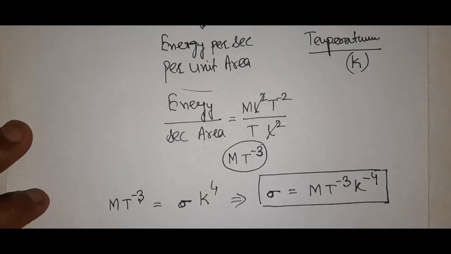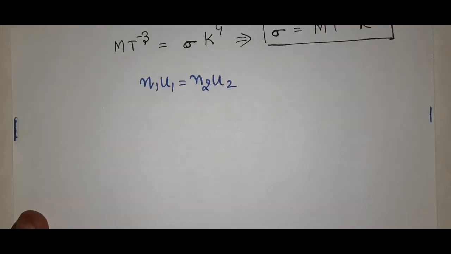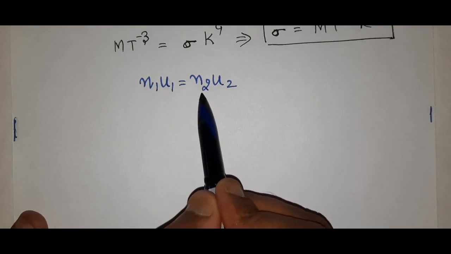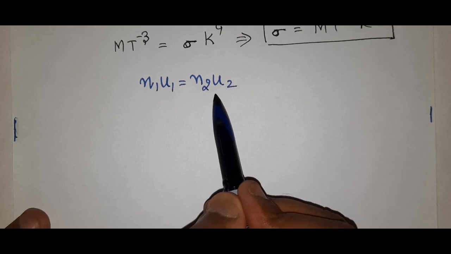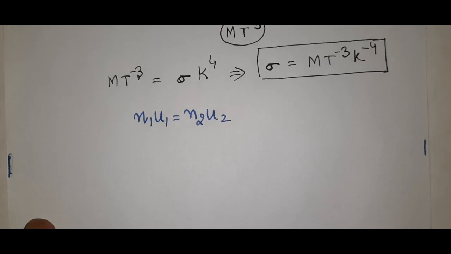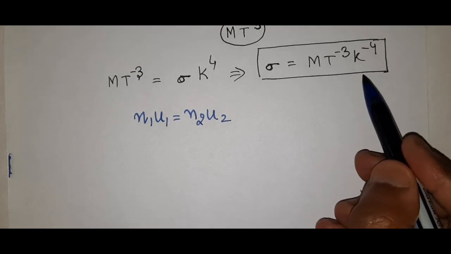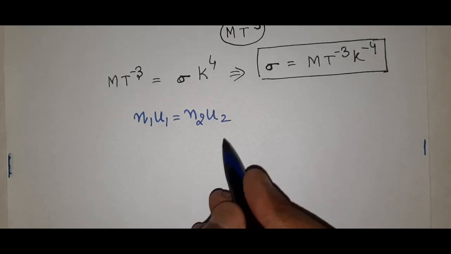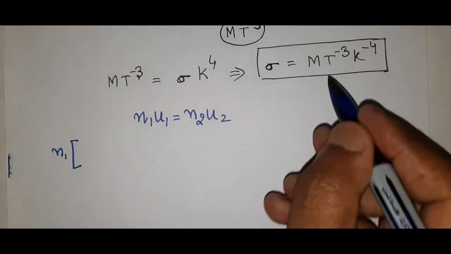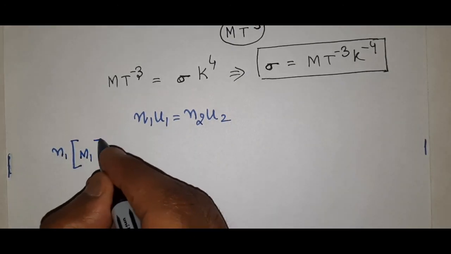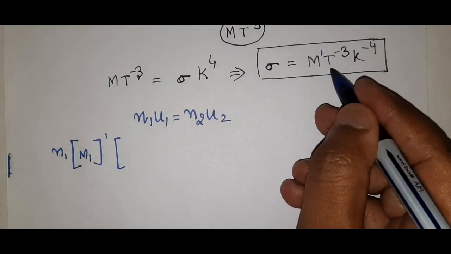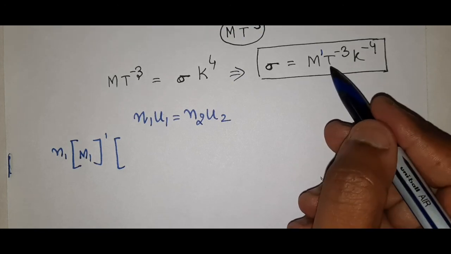Now conversion. Same way we will be proceeding with conversion. N1, the number of repetitions for unit 1, is equal to the number of repetitions for unit 2. Now the dimensional formula for Stefan's constant is this. Writing this relation, N1 U1: unit 1 has mass in the first system raised to the power 1. Length is not there, length raised to 0. We'll not be taking it into account.